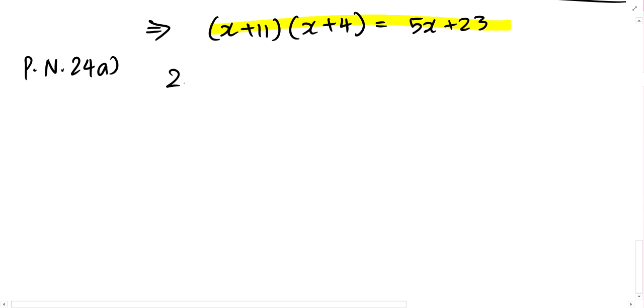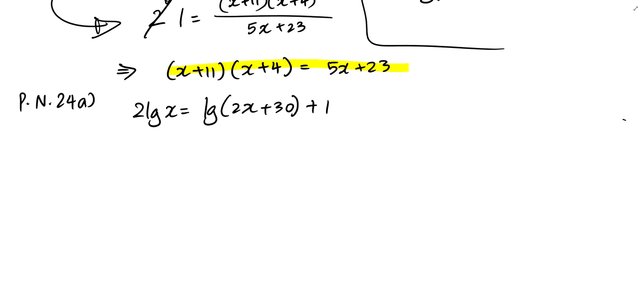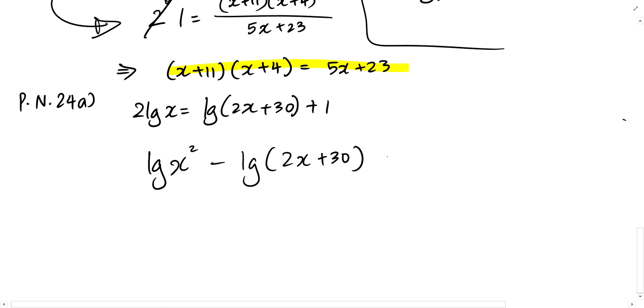Part A. 2 log x = log(2x + 30) + 1. Right, I'm going to start on this. When I see 2 log x, I immediately want to put the 2 back to the power of x. So log x squared minus log(2x + 30) equals 1.